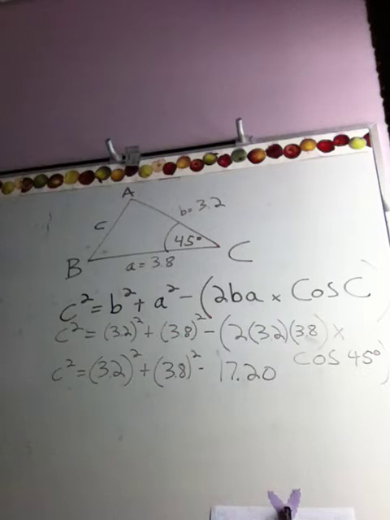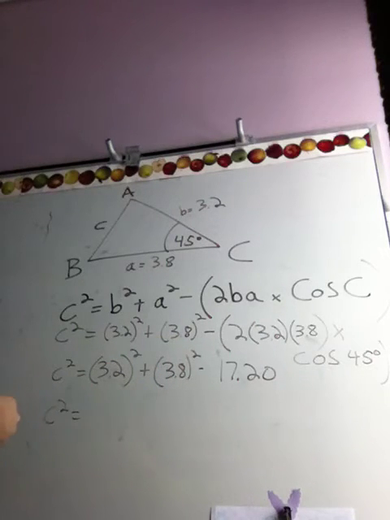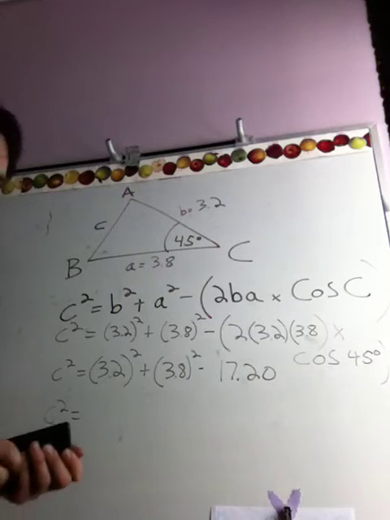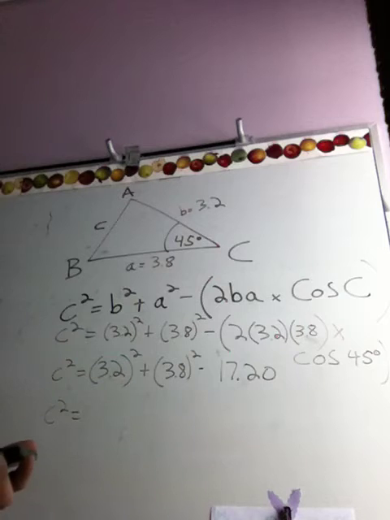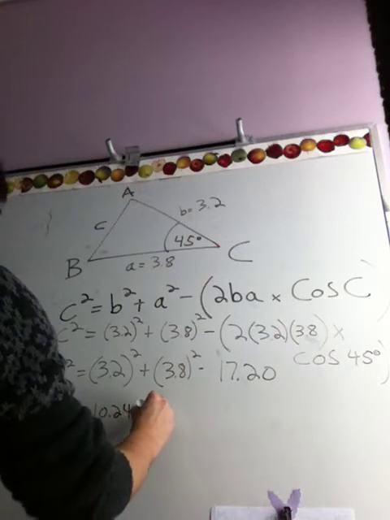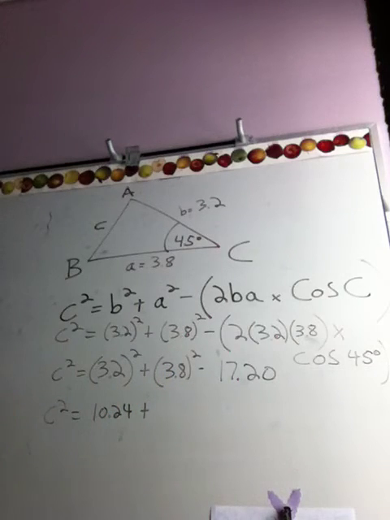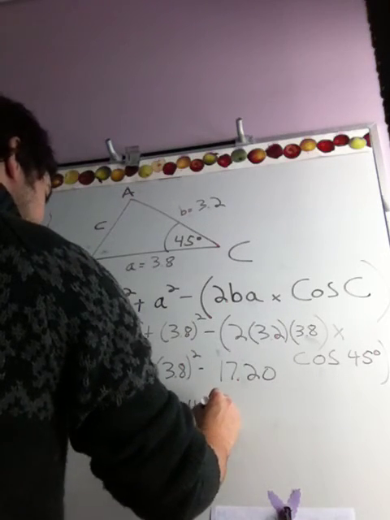So, BEDMAS, brackets. Next is exponents. We have 2 exponents. 3.2 exponent 2 just means 3.2 times itself, 2 times. So it's 3.2 times 3.2, 10.24. 3.8 squared is 3.8 times 3.8, 14.44.